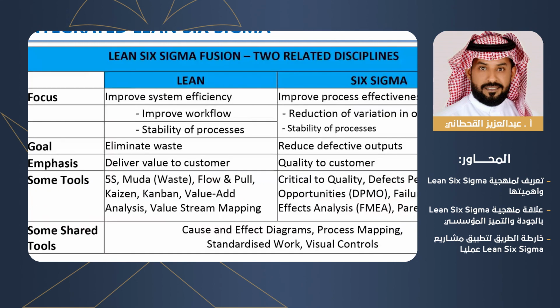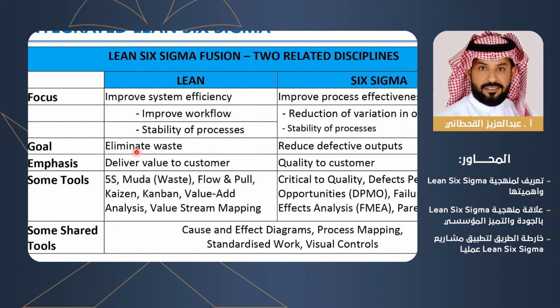This is just a summary of the integrated disciplines. In summary, Lean focuses on improving efficiency, whereas Six Sigma improves effectiveness. Lean is focused on improving the workflow, making it faster, with less non-value added. Six Sigma is to reduce the variation in your process.